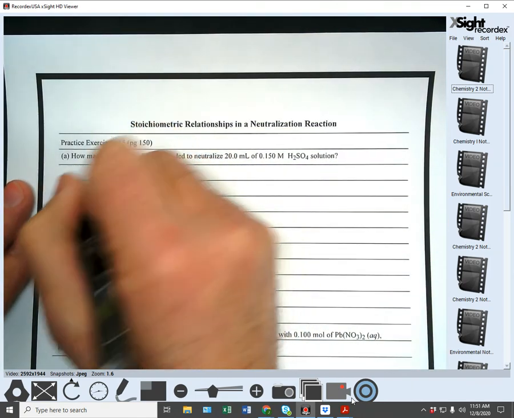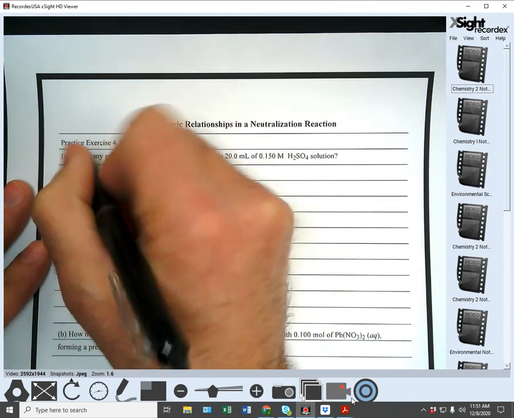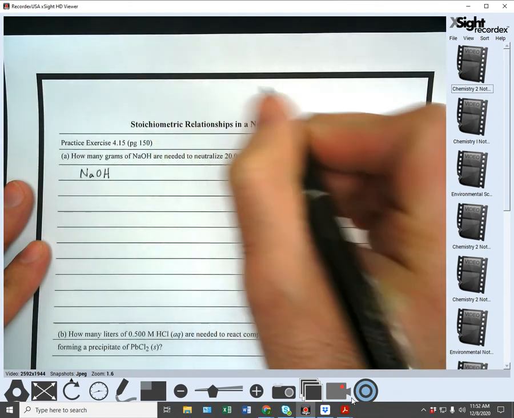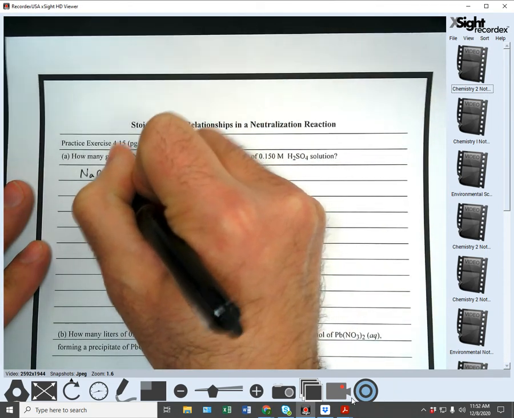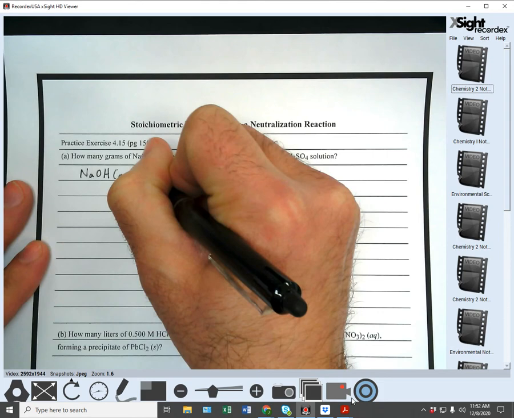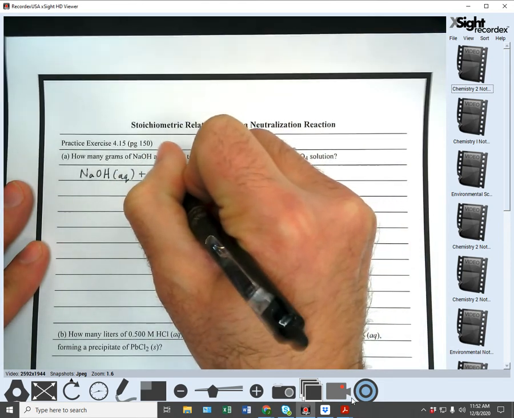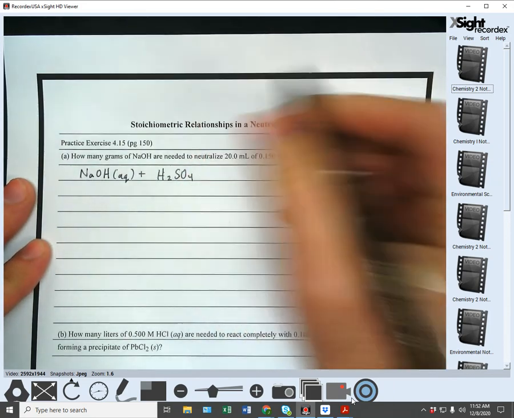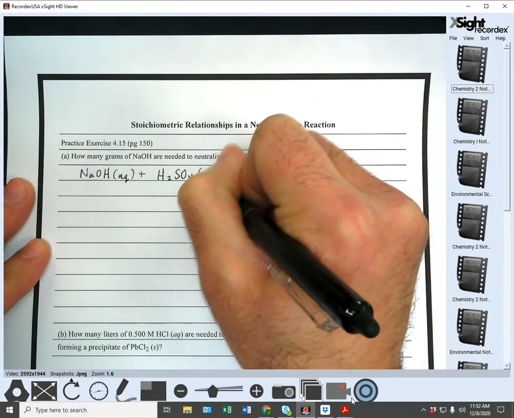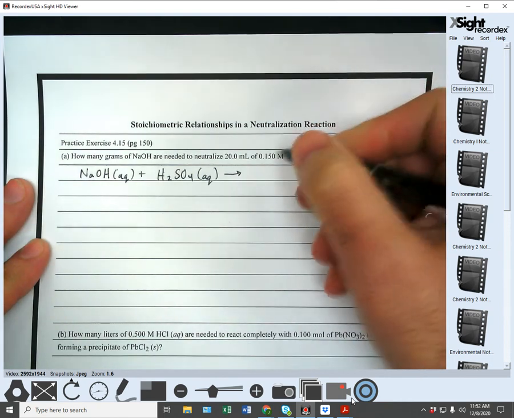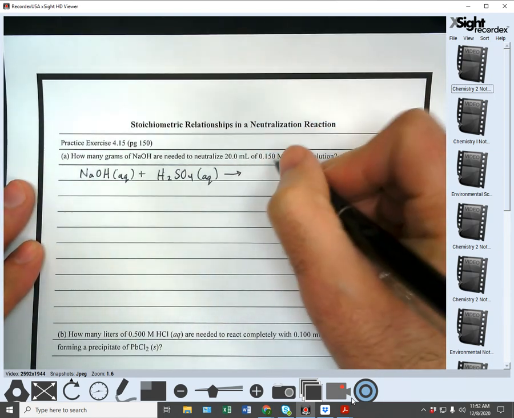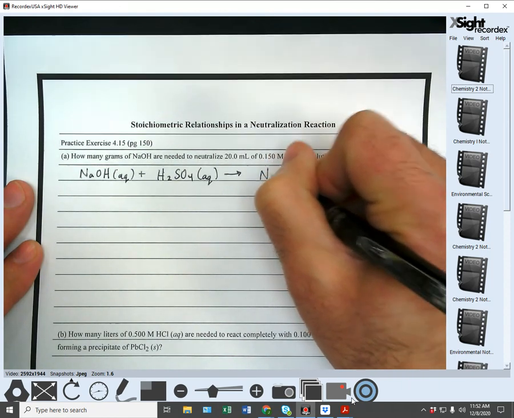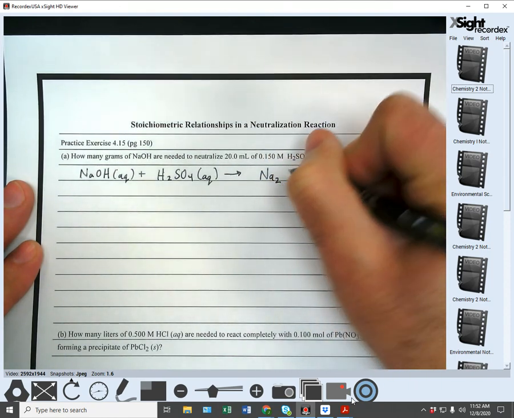Okay, so I'm going to do NaOH plus H2SO4, and this is going to give us, let's see, sodium sulfate.